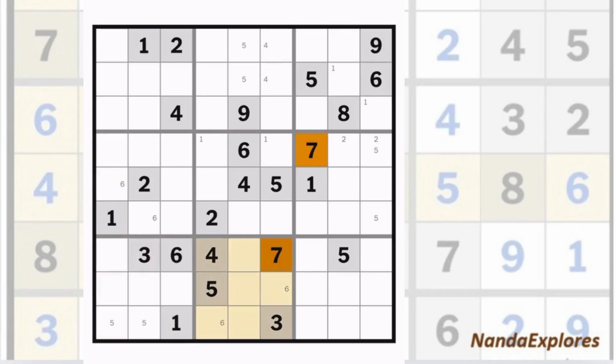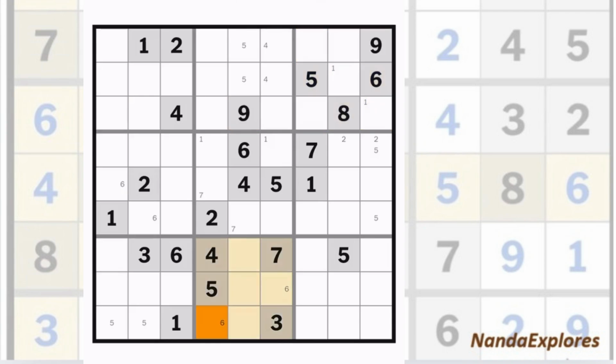We go to 7. These are the 2 cells where 7 is a likely candidate. Then we go to 8. Then we go to 9.